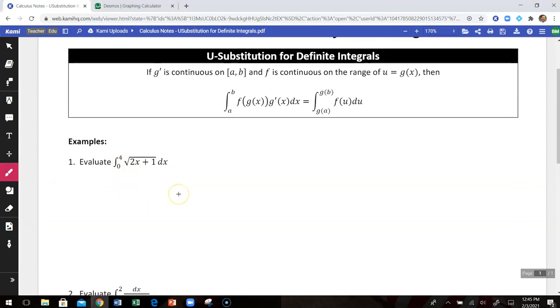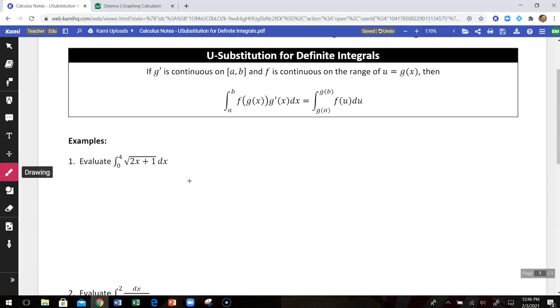Hopefully this first part is not new because we've done this with indefinite integrals. So we need to figure out what we're going to let u equal, and that is going to be the inside part of our square root in this case. So we're going to say let's let u equal 2x plus 1. And then we have to determine du. So we take the derivative of that.